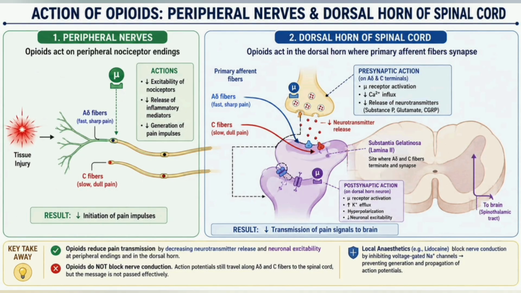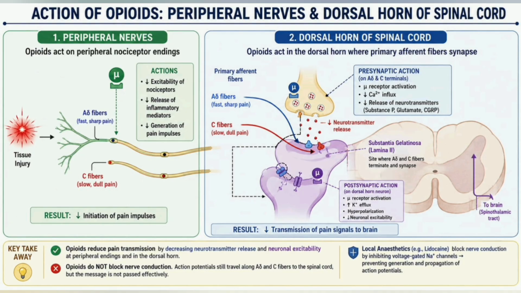Now, one important difference between opioids and local anesthetics is that opioids reduce pain transmission by decreasing the neurotransmitter release and neuronal excitability at the peripheral endings and in the dorsal horn of the spinal cord. But the opioids do not block nerve conduction. Action potentials still travel along the A delta and C fibers to the spinal cord, but the message is not passed effectively due to decreased neurotransmitter release and lesser neuronal excitability at the postsynaptic terminal.